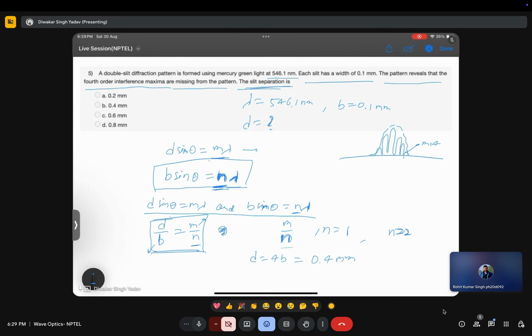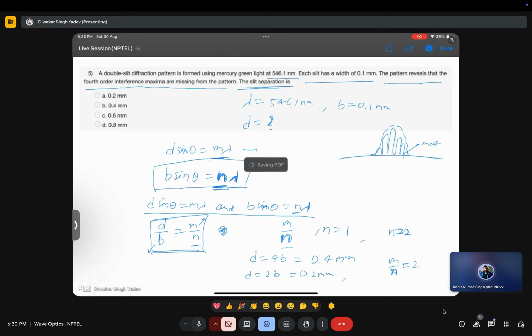Then d equal to 2b, it is 0.2 mm. But then this corresponds to m by n equal to 2.